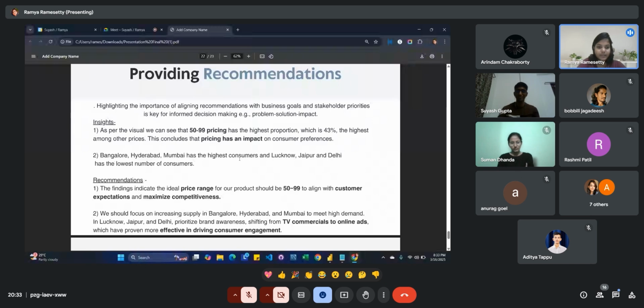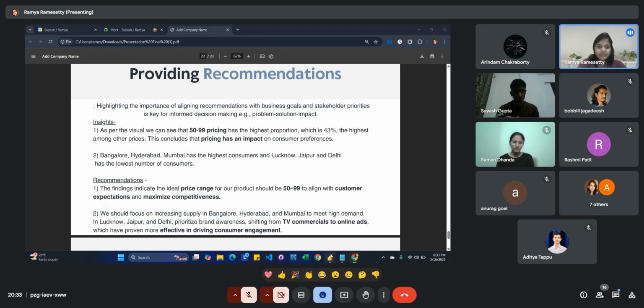And if we look at the cities, Bangalore, Hyderabad, and Mumbai have the highest respondents, so we can improve our supply in those cities. And cities like Lucknow, Jaipur, and Delhi have the lowest respondents.